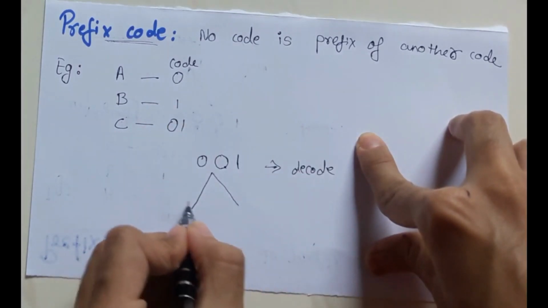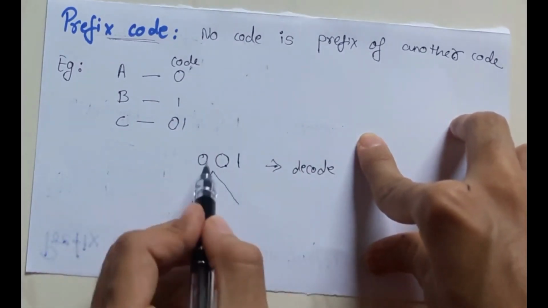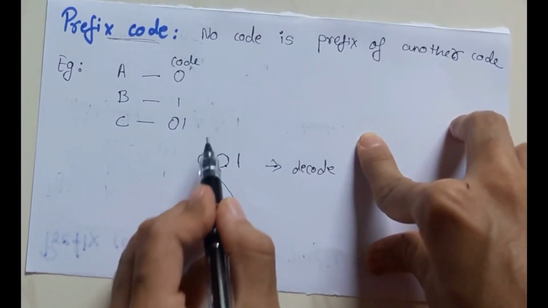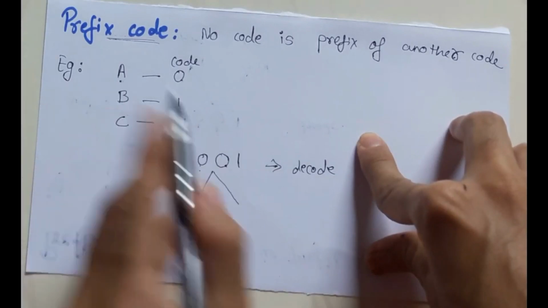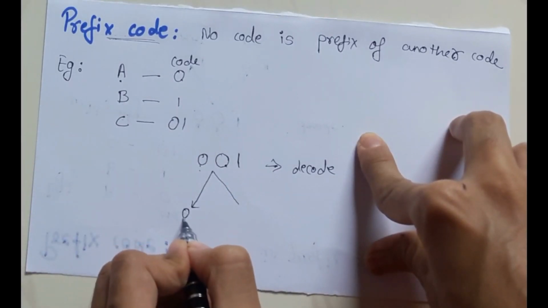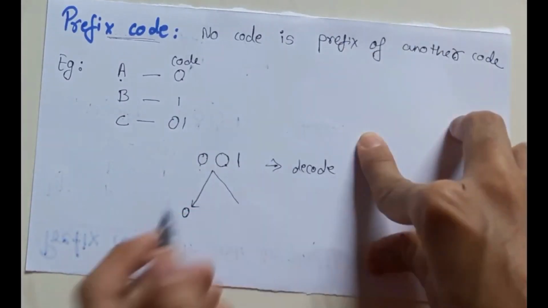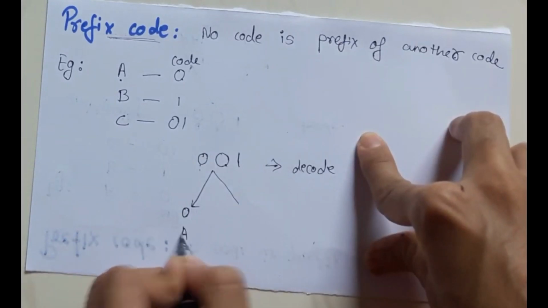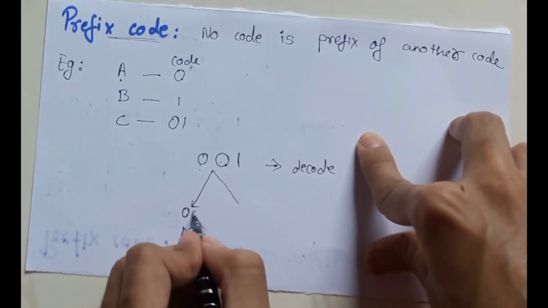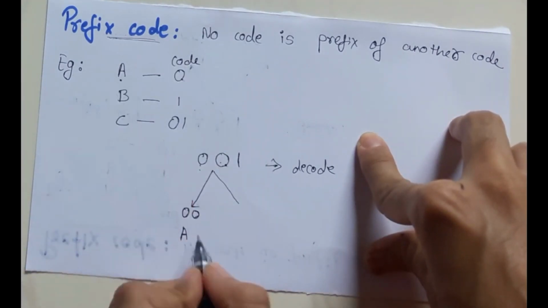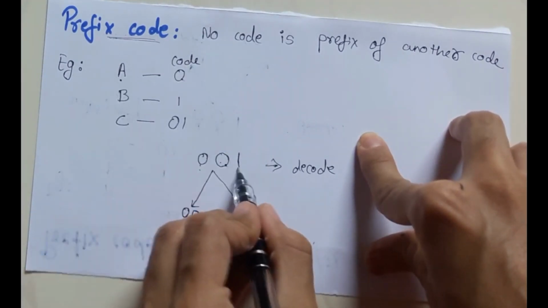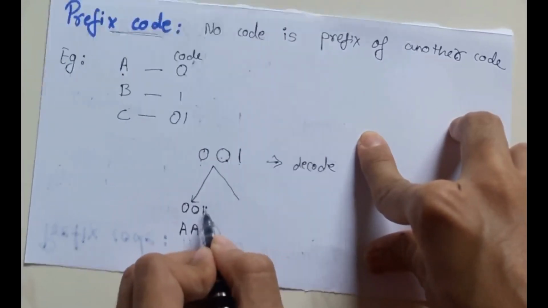See how. The first way: the first bit is 0. The character with code 0 is A. So for the first bit, the receiver will decode A. Next bit again 0. The character with code 0 is A. And then the third one is 1.